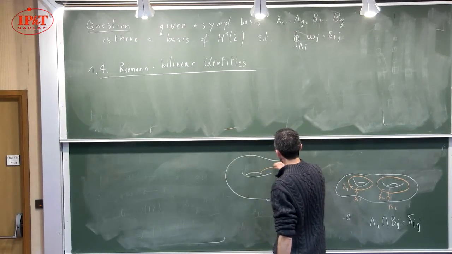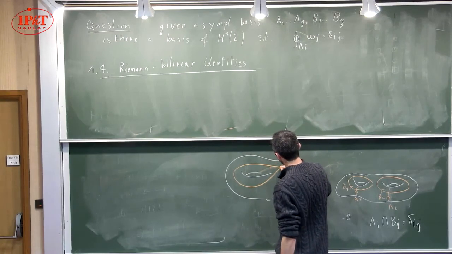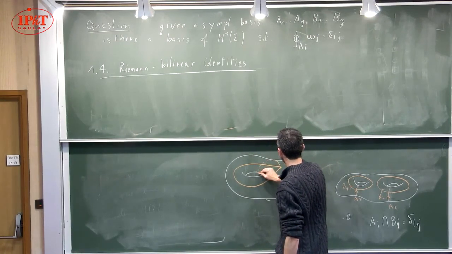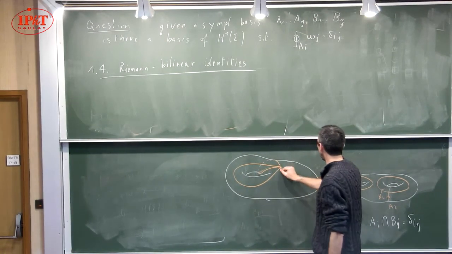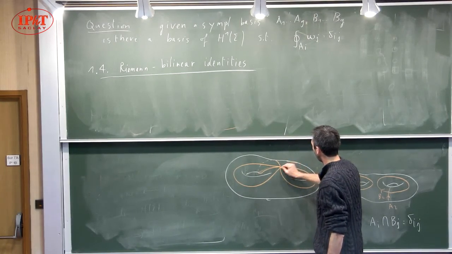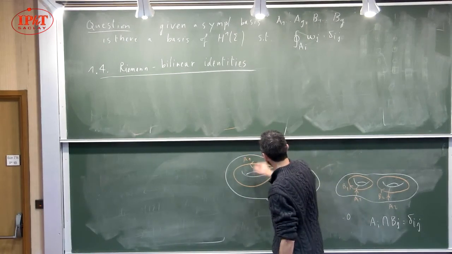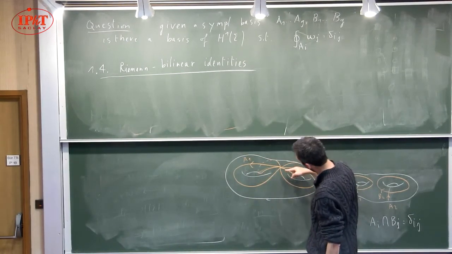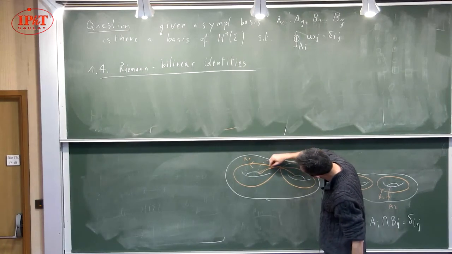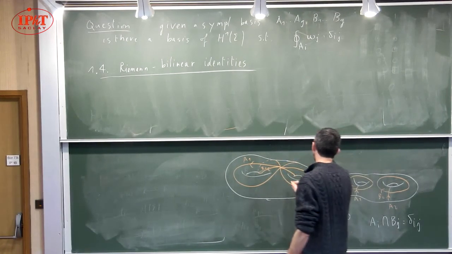So let's take this as A1 and A2. So this will be A1, and we want B1 to cross this way.